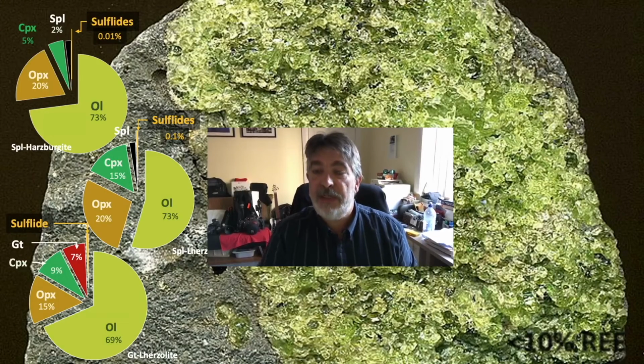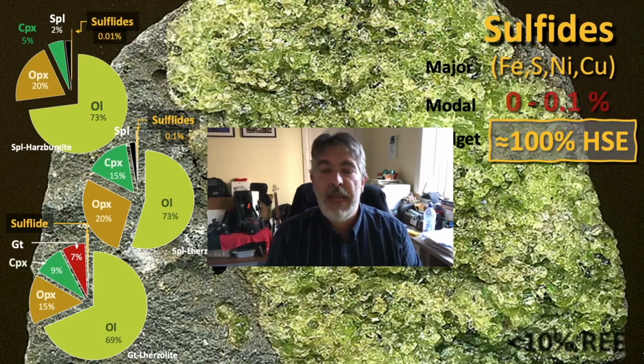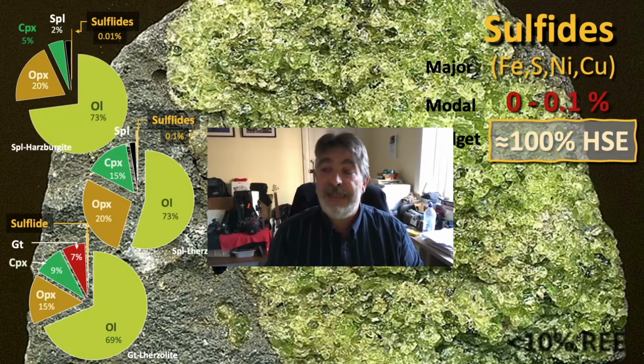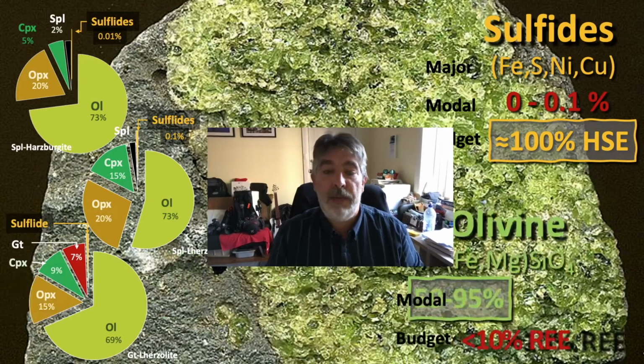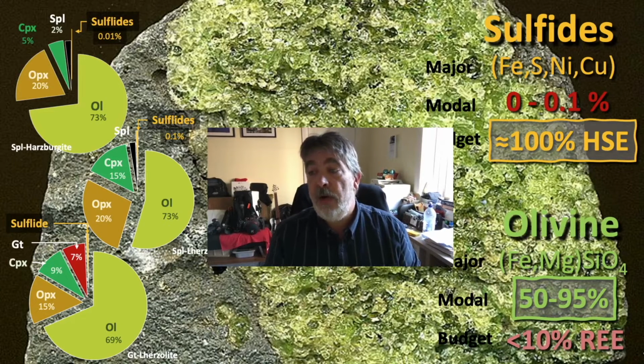So my presentation is divided today into two parts. One, dealing with a very rare but ubiquitous mantle phase, the sulfide. Despite their low abundance, they are the major host phase for highly siderophile elements. And at the opposite end of the spectrum, in the second part, I will talk about the major mantle phase, olivine.